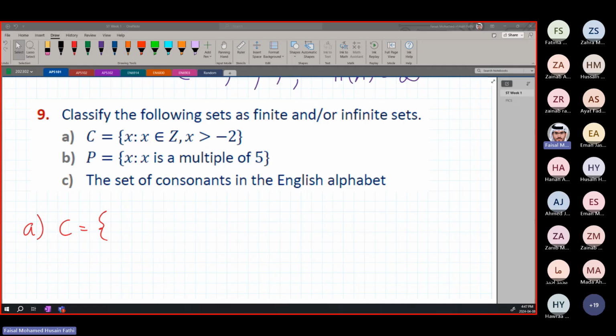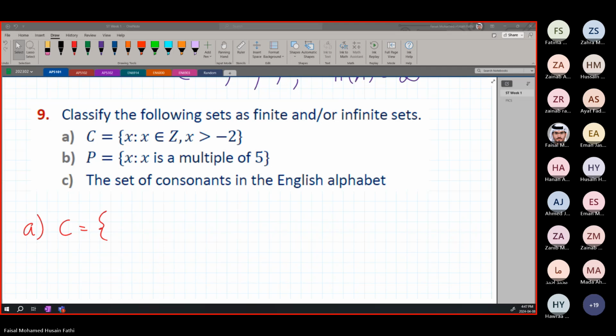Where Z, by the way, is the set of all positive or negative integers. Sometimes it's written as I, sometimes as Z. I believe this is given to you in the notes if you want to see what all the letters mean. With practice, you will get better at it and you will memorize most of them.